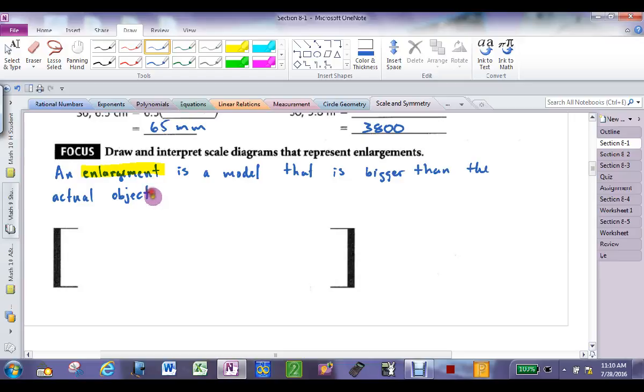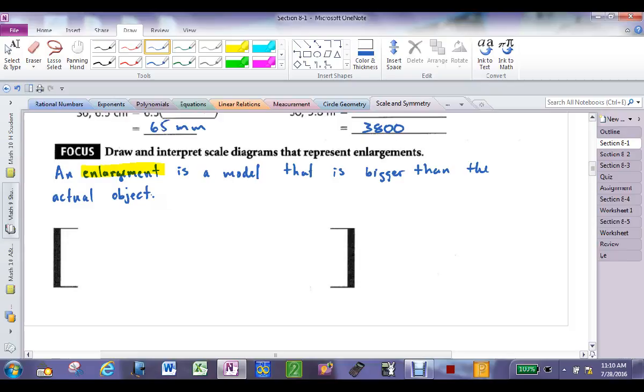Now somebody here will say, well, but Mr. Myers, that drawing is technically a model of the school, isn't it? No, because when they did that drawing, this school didn't exist. Do you understand? So even though this is an actual thing, it's technically an enlarged model of that blueprint. Got it? Okay, everybody got it?